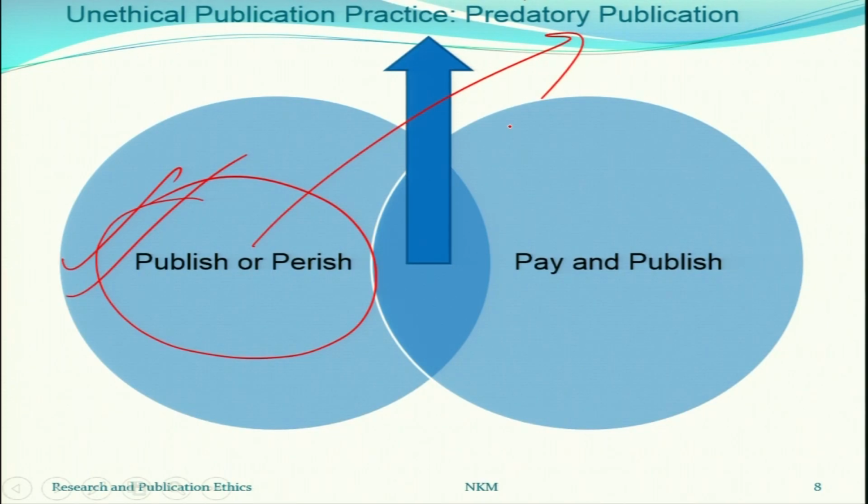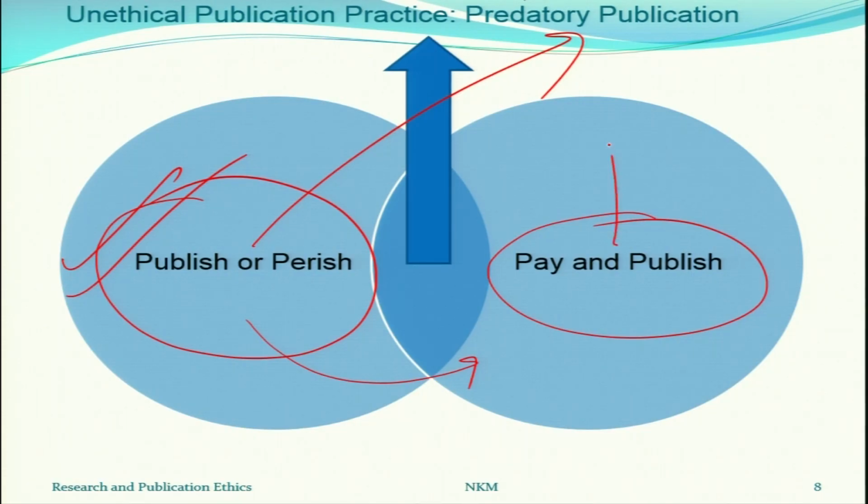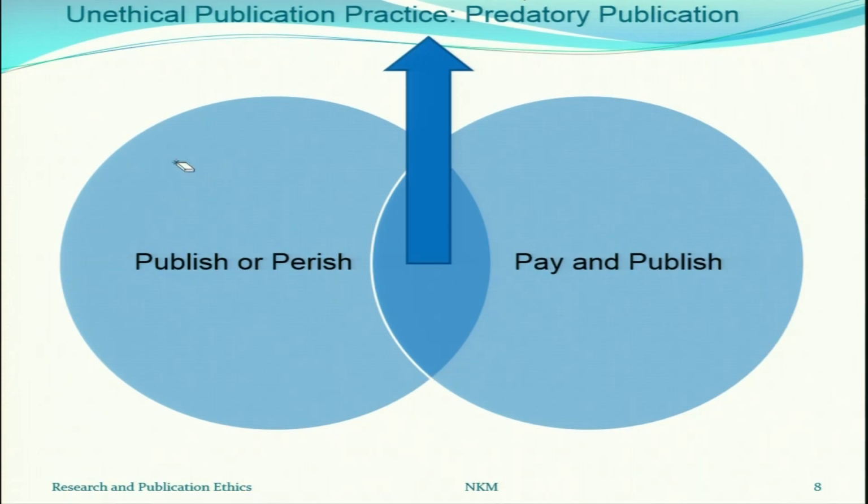And then the second trend that evolved from this publish or perish is the rise of many open access journals. And then there was a window: pay and publish. If you can pay, your paper can be published. If we analyze research history, we find these two major factors responsible for unethical publication practices: publish or perish and pay and publish.